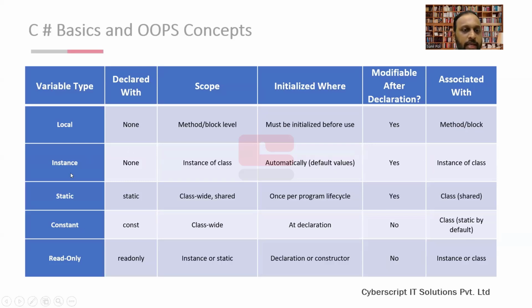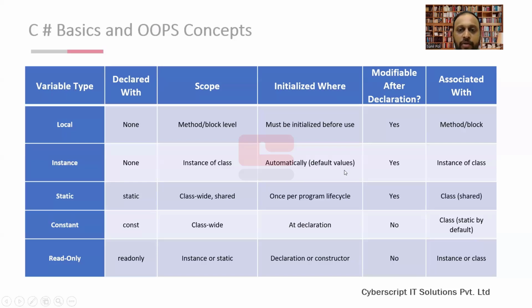So the second variable type is the instance variable. Similar to local variables, if you want to declare an instance variable, you need not use any keyword for that. Also, the scope of instance variables is up to the class in which they are declared, and all the functions associated with that class can access those instance variables. They are automatically set to default values.